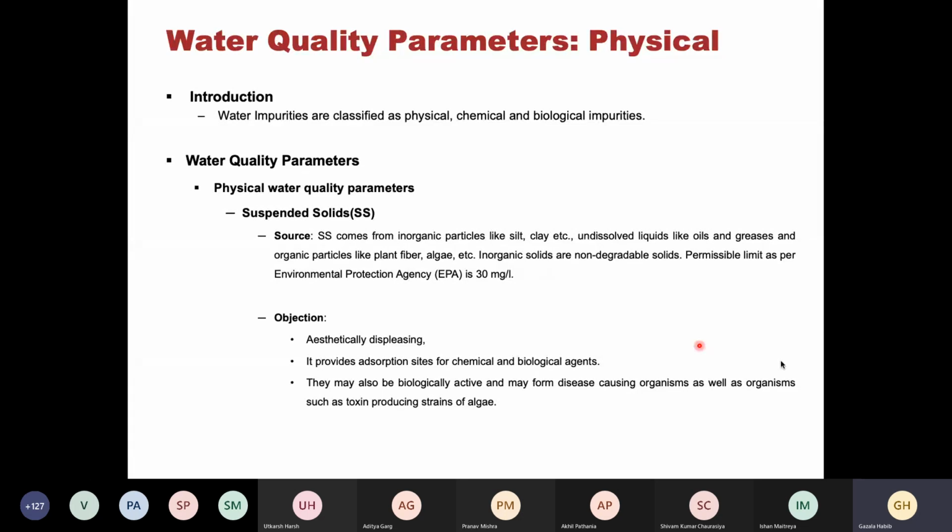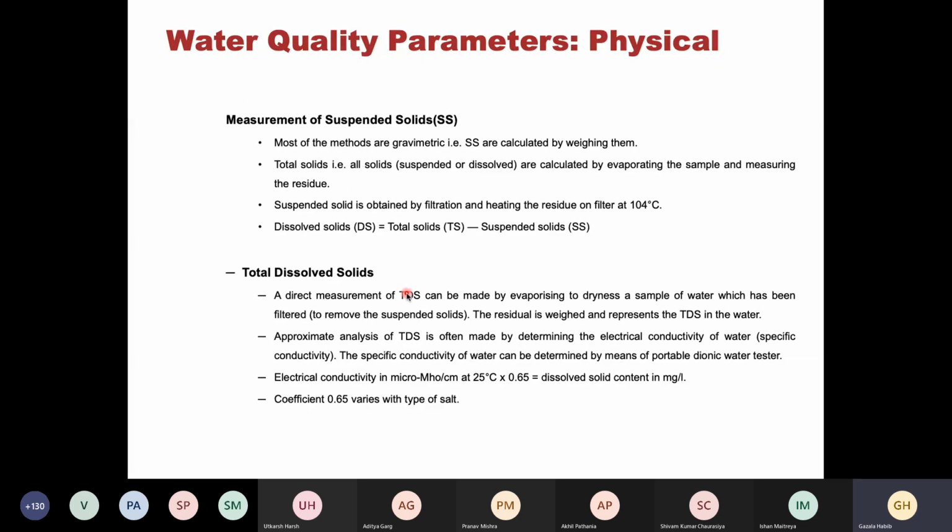The permissible limit for suspended solid according to US EPA is given here. However, there are limits given by Indian Standards, Bureau of Indian Standards, BIS, right? That can be seen.